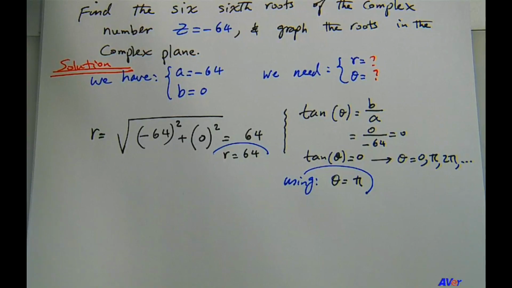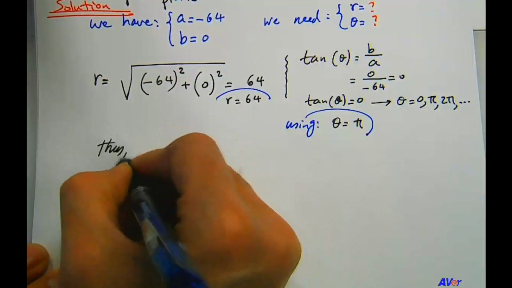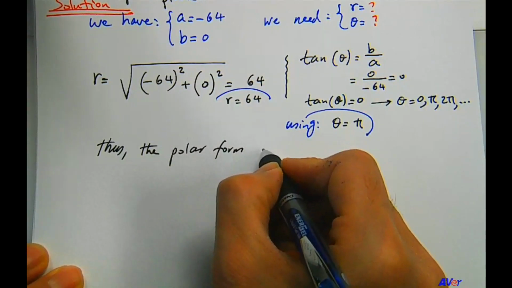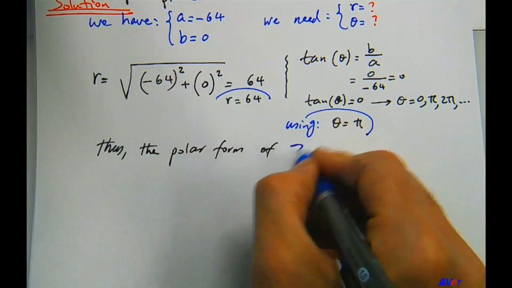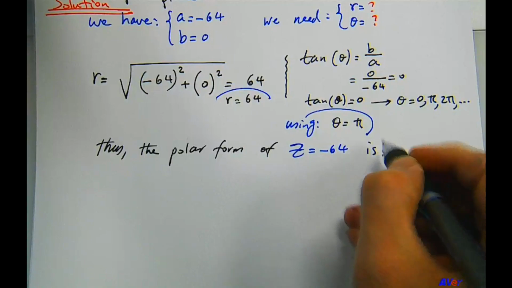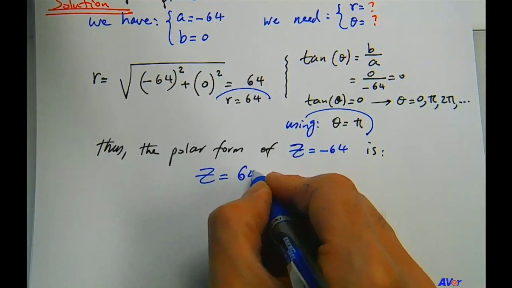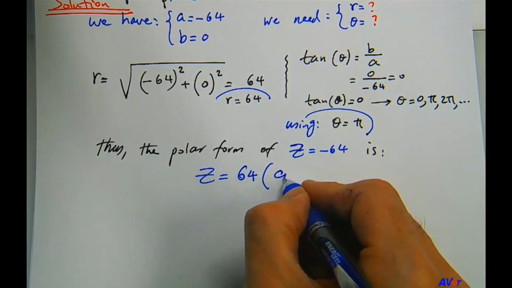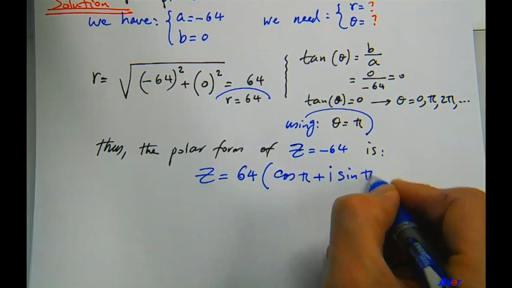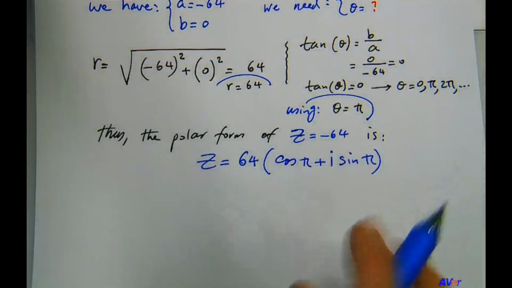So the polar form of z equals minus 64 is as follows. It's z equals 64 times cosine of pi plus i sine of pi, using r and then pi as the theta.